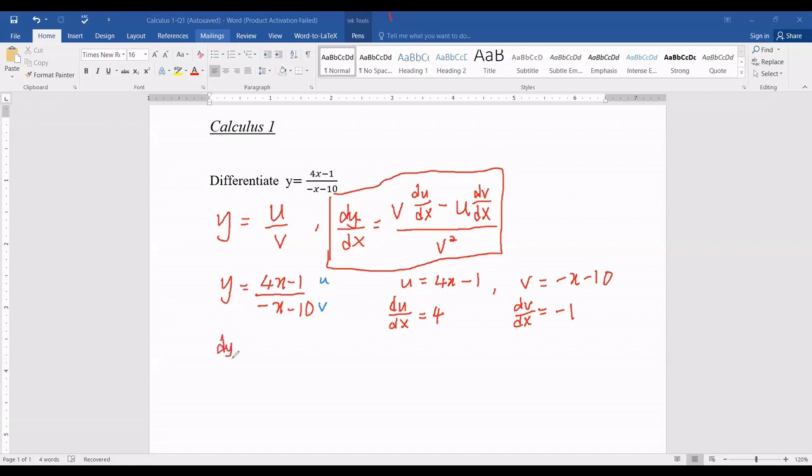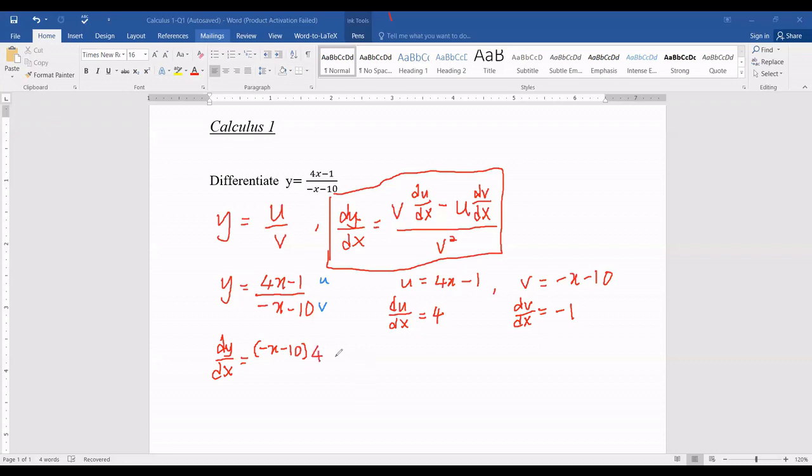So dy over dx equals v, which is minus x minus 10. You just plug in here minus x minus 10, put a bracket, and then du over dx, which is 4.